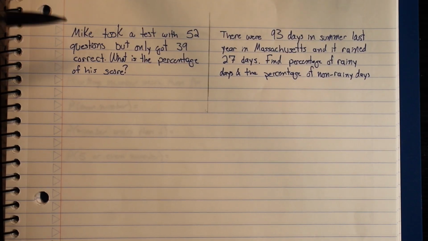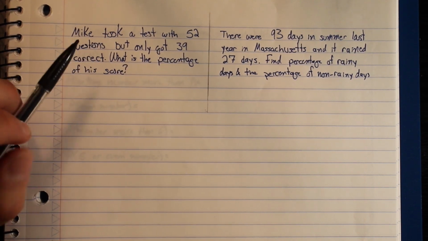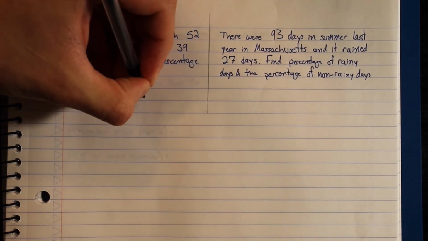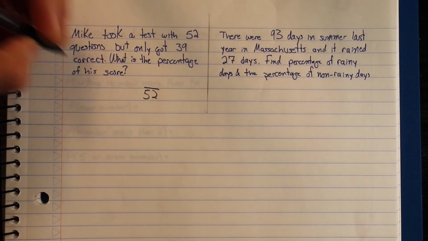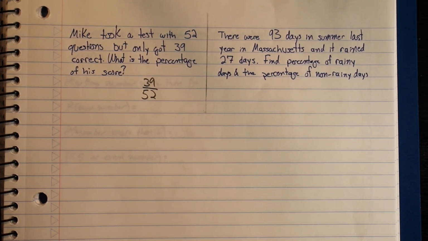Okay, so now we have 2 other examples. Mike took a test with 52 questions, but only got 39 of them correct. What is the percentage of his score? We already know he took 52 questions, and only 39 of them were correct, so we want to find his percentage score. That's very easy.